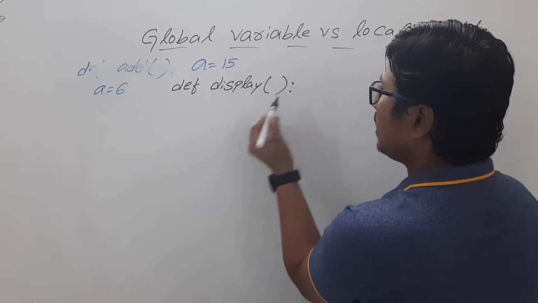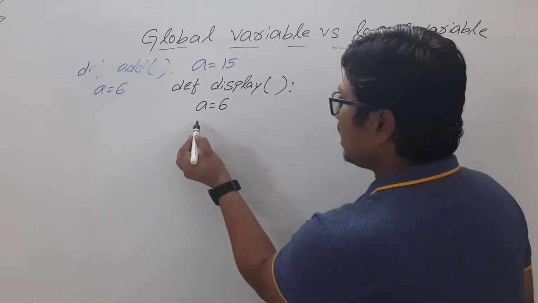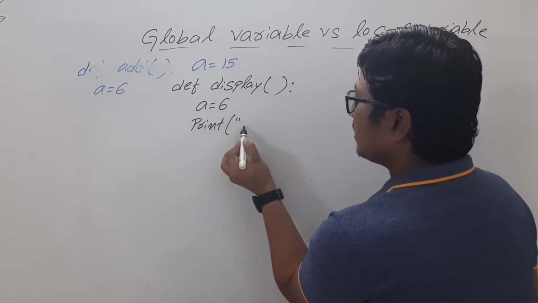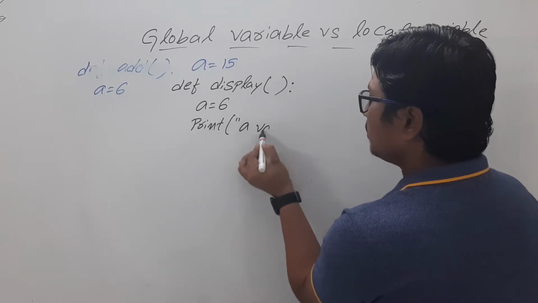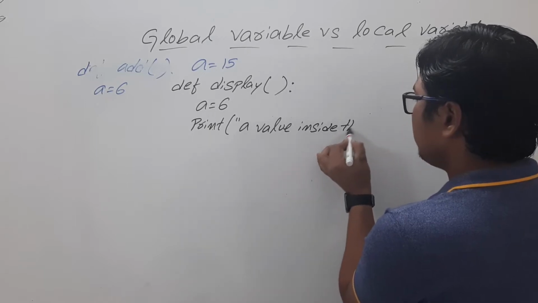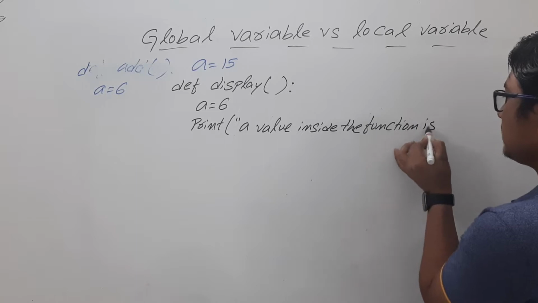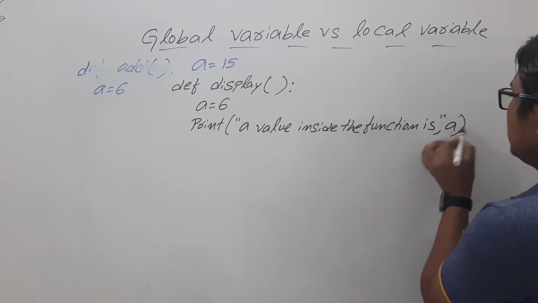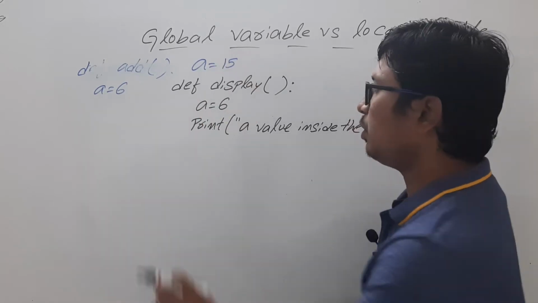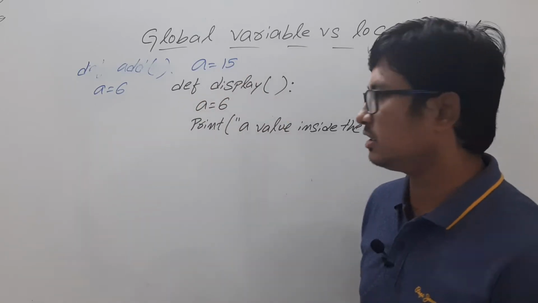Here I have written a variable a is equal to 6, and then I am displaying that: print a value inside the function is a. Are you able to understand? So these are the two statements I want to execute whenever the user calls the display function inside the program.